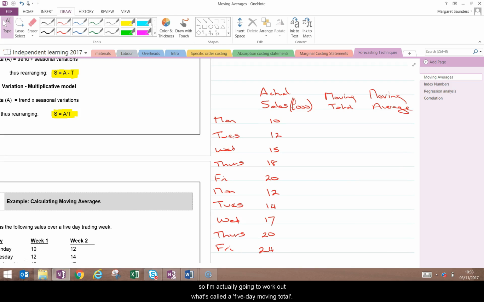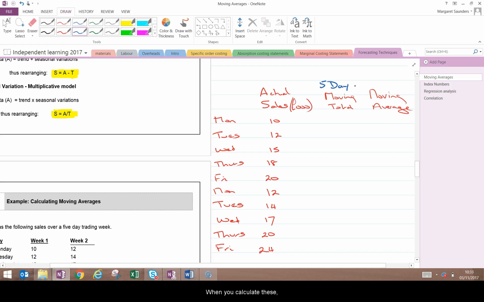So I'm actually going to work out what's called a 5-day moving total. The reason I've chosen 5 is because the data has been presented in groups of 5. So Monday to Friday is 5 days, then Monday to Friday, another 5 days. So I'm taking a 5-day moving total.